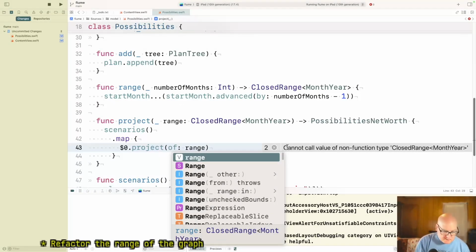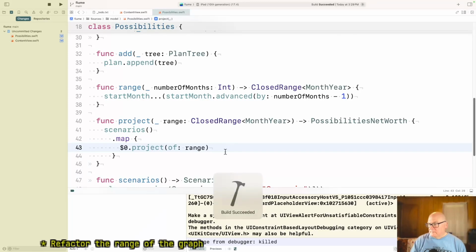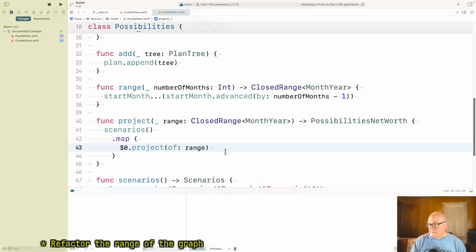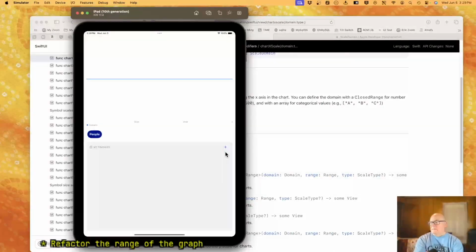Is that going to work? Yeah, it's kind of hard to tell if it's the initial value because you can stack up.